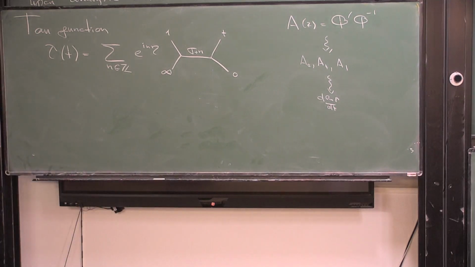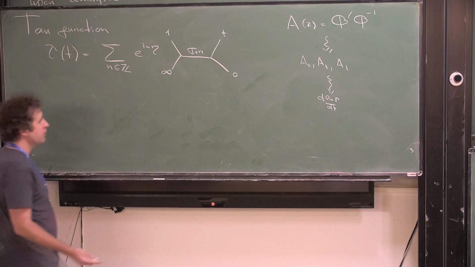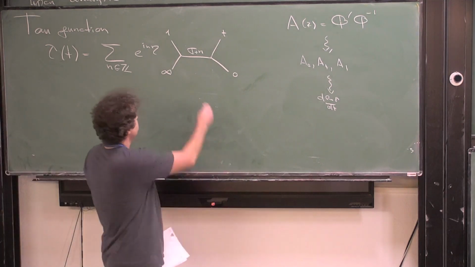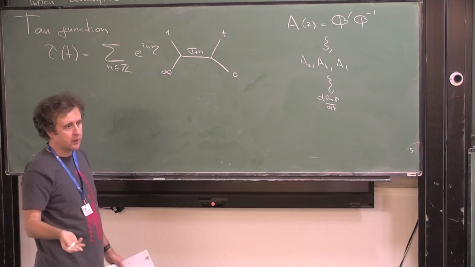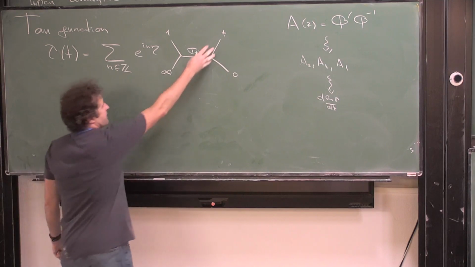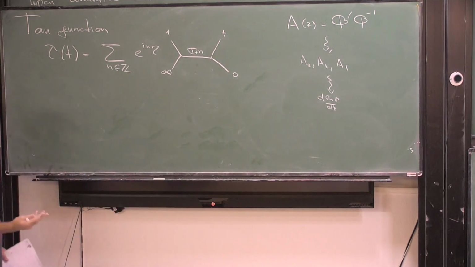Okay, so we now have this formula. We can, of course, compute this conformal block order by order, so the expansion in t, using the commutation relations of the Virasoro algebra.